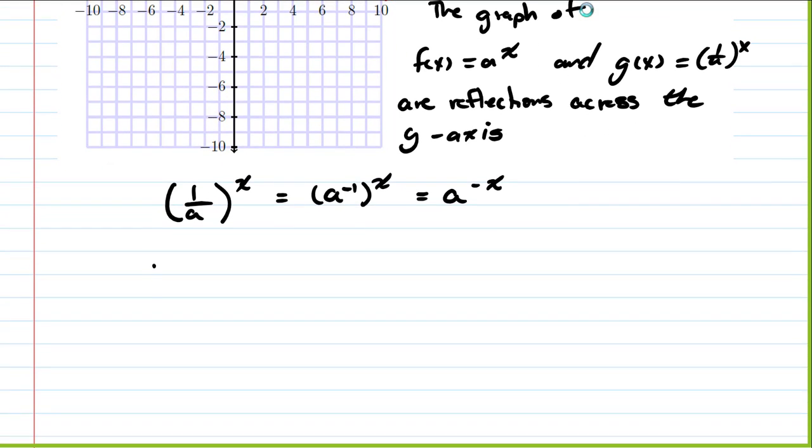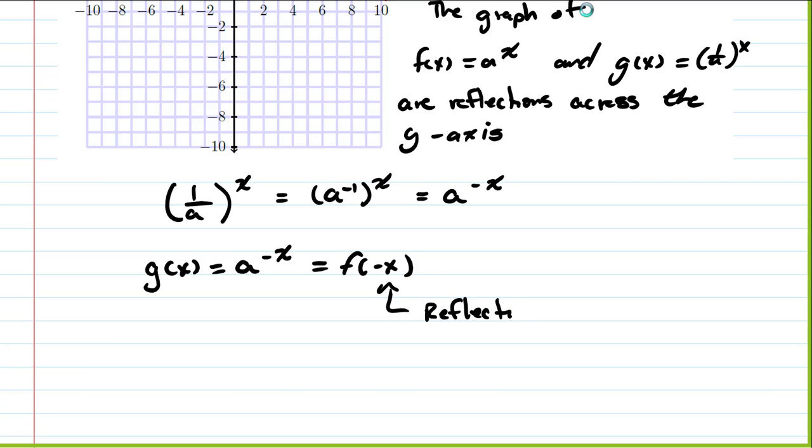So that would tell us that g of x is equal to a to the -x, which is f of -x. So using our shifting rules that we have, if you ever compose with a minus sign, this is a reflection across the y-axis.